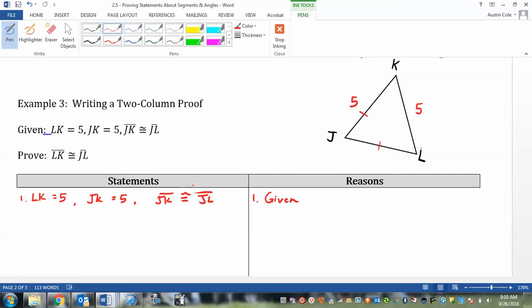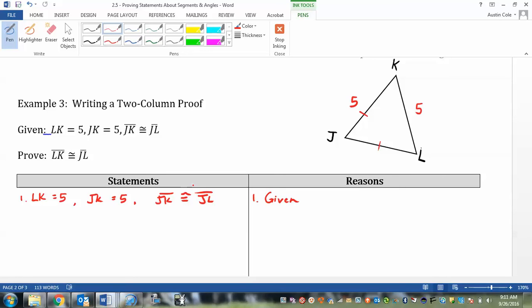Okay, now, looking at the first two parts of our given. It says LK equals 5 and JK equals 5. What do we know about LK and JK? Both equal 5, which means they're congruent. Does it say exactly that? No, we can imply that and we know that.